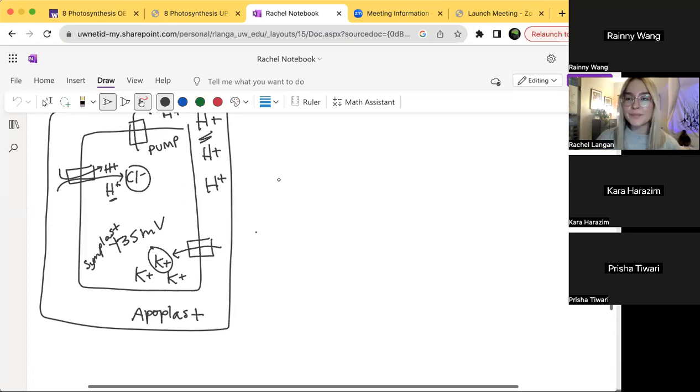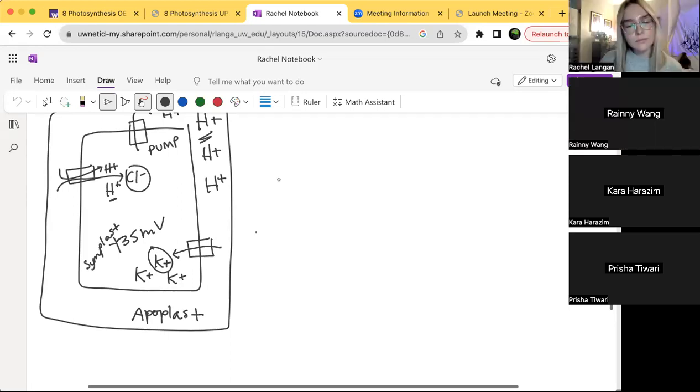Another question? Hi, I have a question regarding 14-3-3 protein. I thought technically kinase activates the proton pump, but is it the protein that phosphorylates the inactivation gate, or is it the kinase?